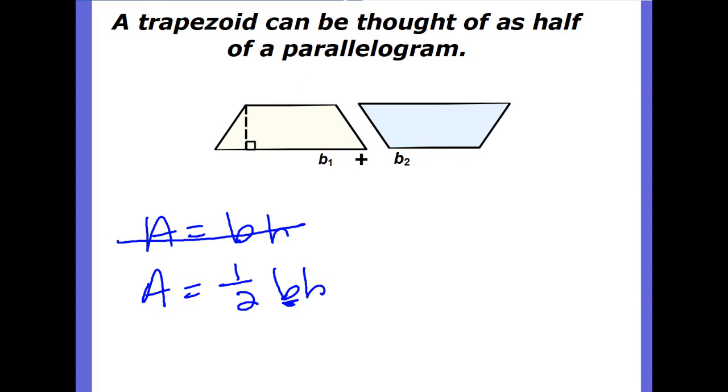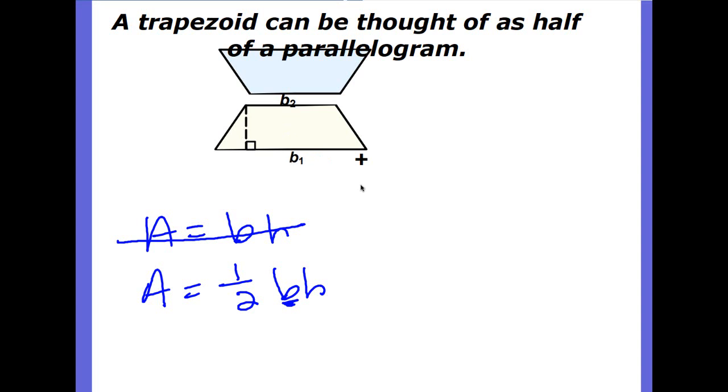If you look at this, take this second trapezoid, the base 2 length, if we put it up over here, what do you notice? It's the same length as the top of our trapezoid, isn't it? So we could call this the top of our trapezoid, base 2, and the bottom of our trapezoid, base 1, or the other way around, it doesn't matter.